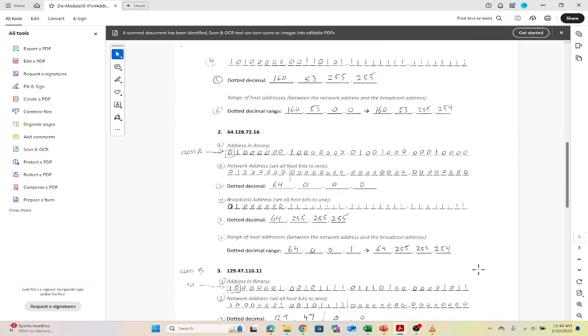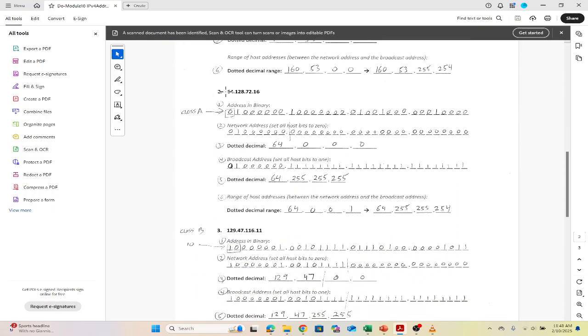Okay, so for the next one, it's the same way. We know this is a Class A, ClassFUL IP address because it starts with the 0. It's a lower number here. And so we're looking at just the first octet as the network address. Everything else is zeros. And so this is what the network address would look like in the dot decimal format.